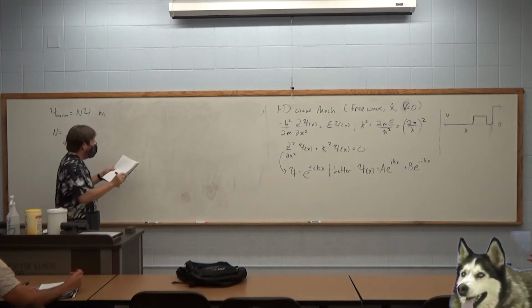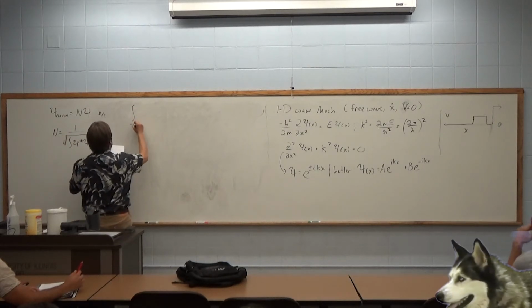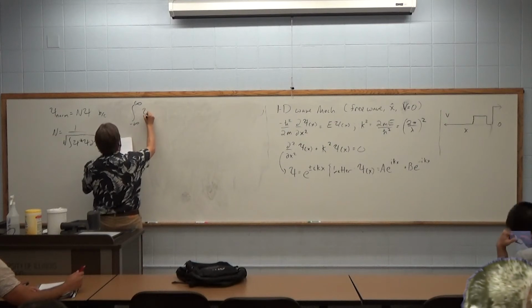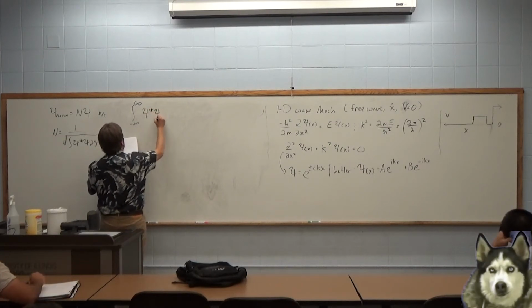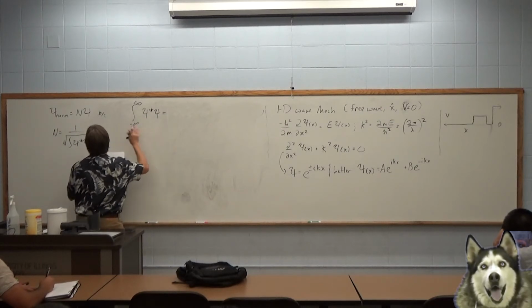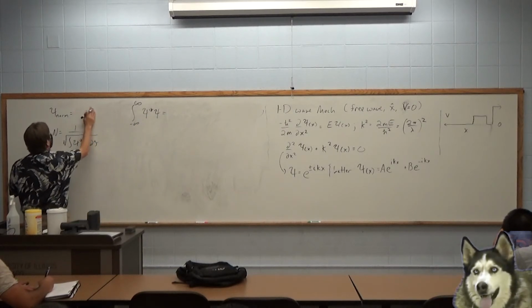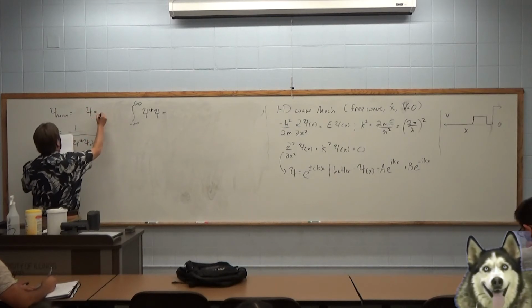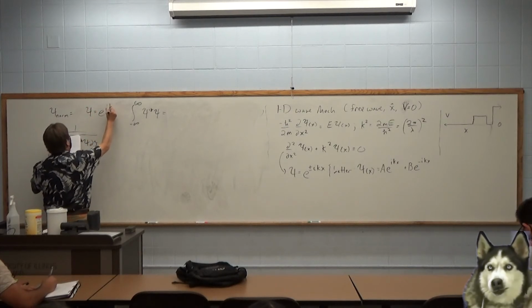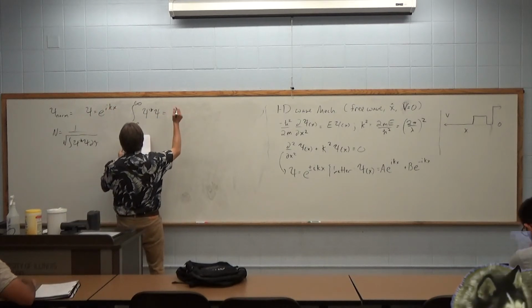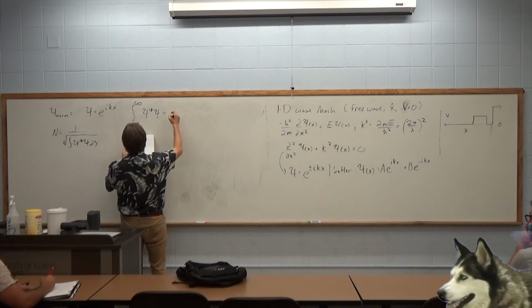Okay, let's do this thing, and you're going to throw up on yourself when you see this. Hopefully you see it coming already. Psi star psi, and I will use simply a wave function, which is, what am I going to do? E to the i kx. So let's call it E to the i kx. There's no reason not to do a simpler one.